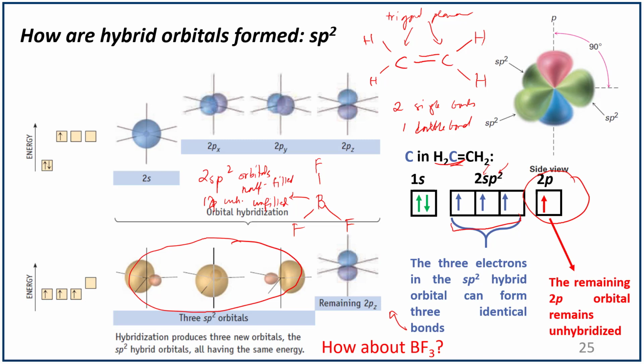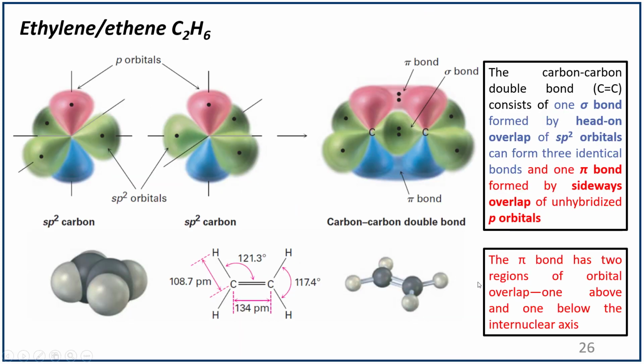Now notice that the 2p orbital is higher in energy than the sp2 orbitals, but we're not going to go into that detail, at least for the scope of this class. Now, as we have mentioned, the sp3 orbitals from ethane can overlap head-on to form sigma bonds.